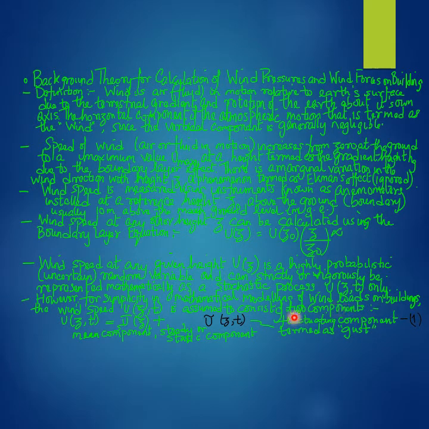And since the fluctuating component of the wind speed termed as gust is time dependent, the fluctuating component denoted as the symbol u with a wave or tilde over it is represented as a function of both the height z above the mean ground level as well as the instant of time t.